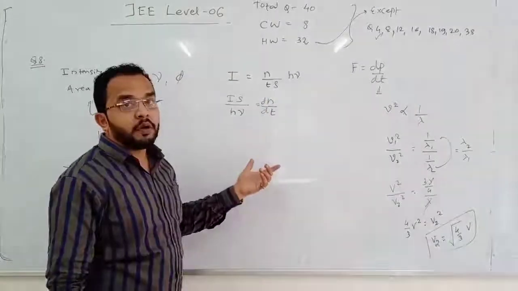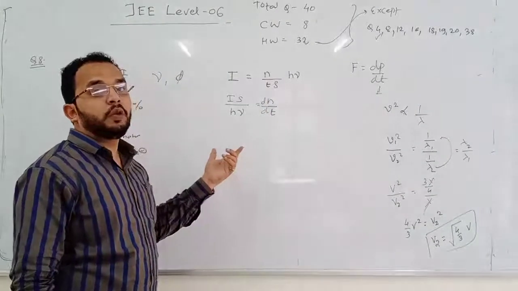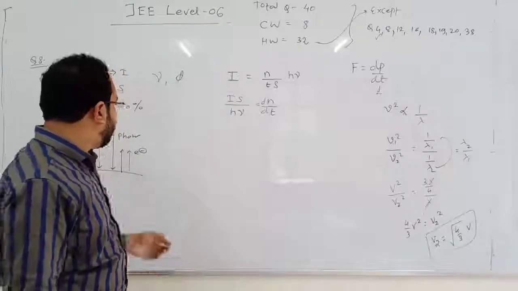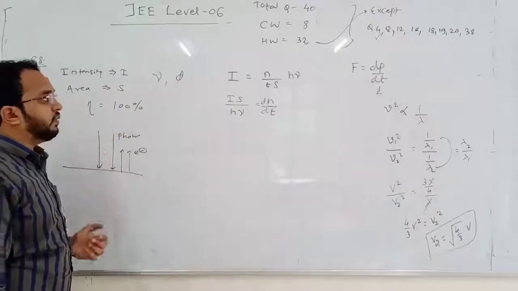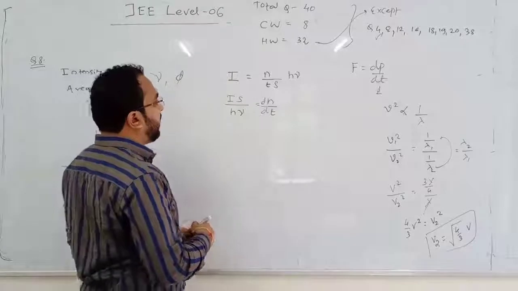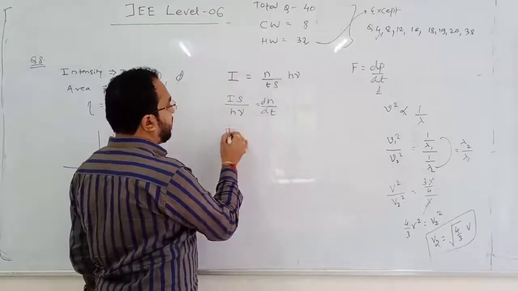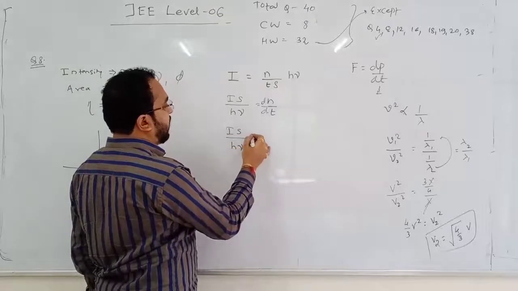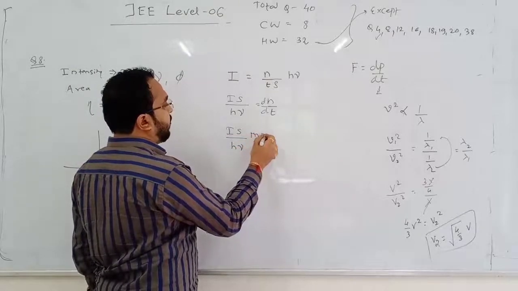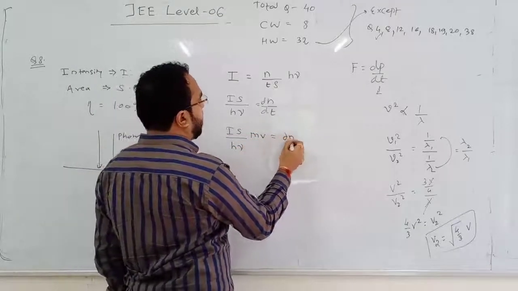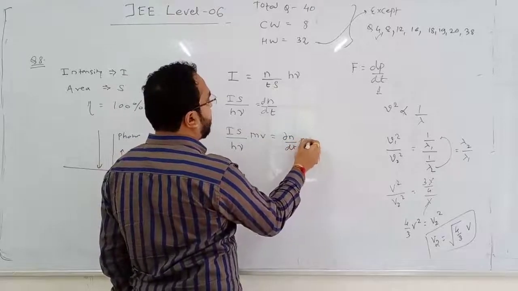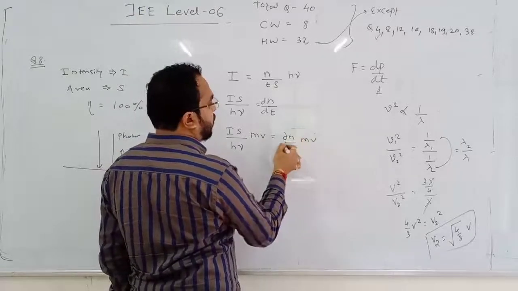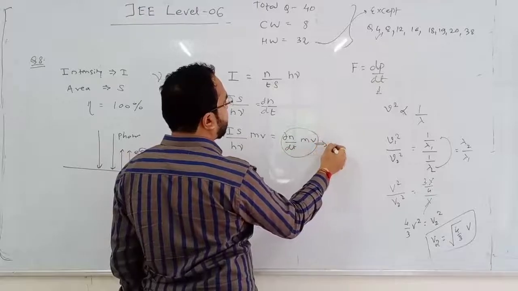Now we are talking only about photons. Photons चं मोमेंटम किती झालं ते बघतोय आपण. So आपल्याला मोमेंटम ने मल्टिप्लाय करूया दोन्ही साइडला. So what will happen here? See I S upon h mu momentum mv is equal to dn by dt into mv. It is also momentum and this whole term will become force.